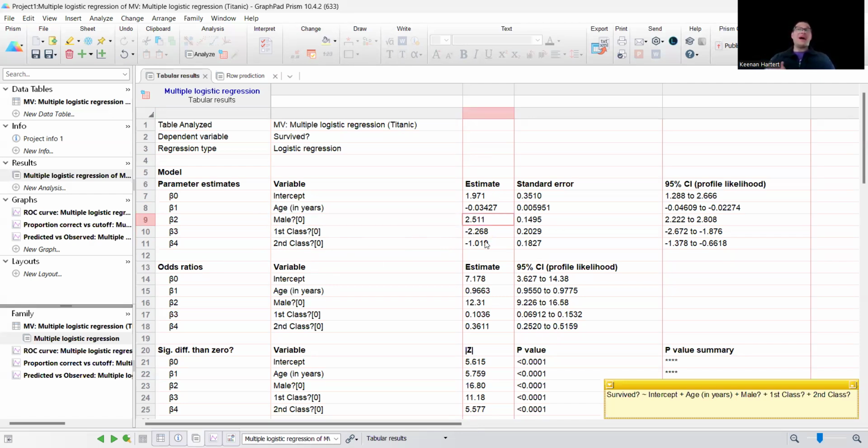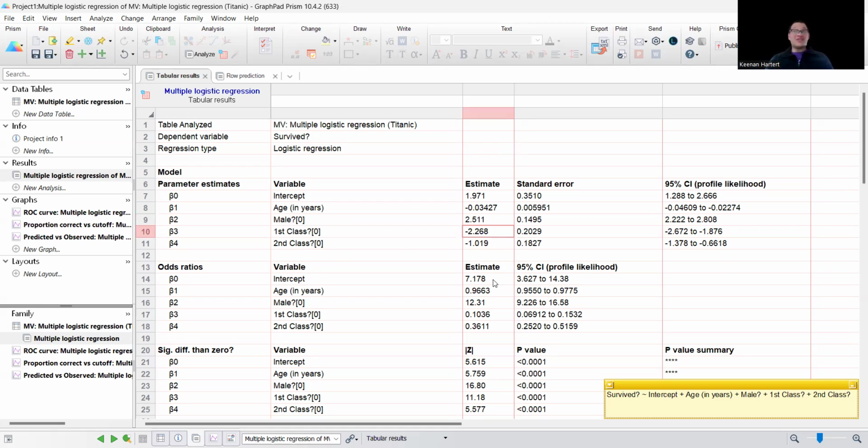You went a little higher towards that good survival area because you went up per unit. Given that it was not a good thing to be male in this case and have a 1 next to you. So looking over here, were you first class? In this case, this is a 0, so this is saying you were not first class.